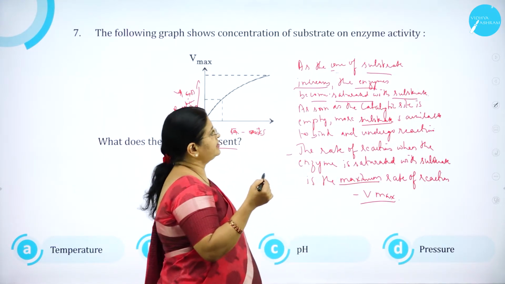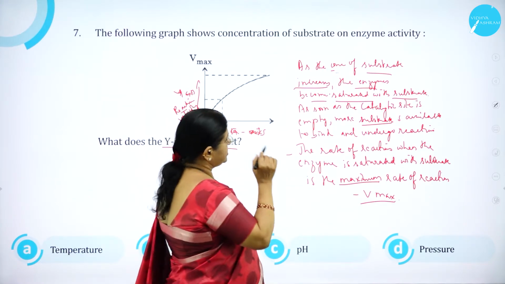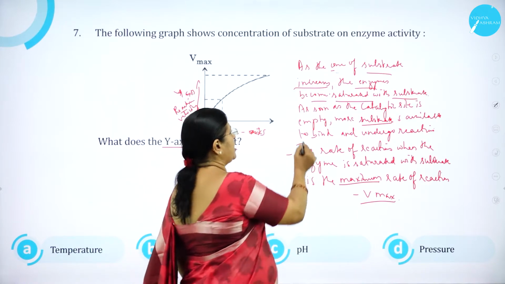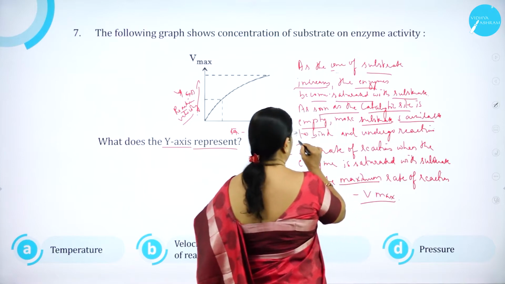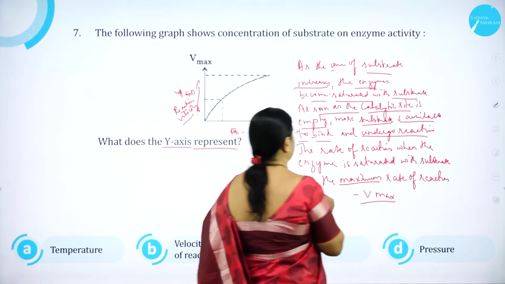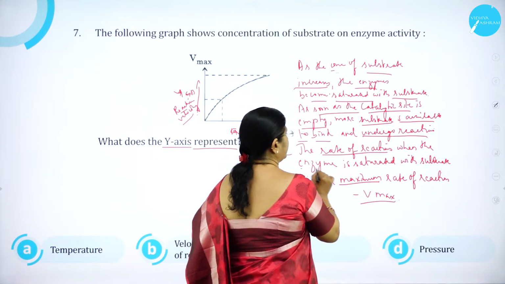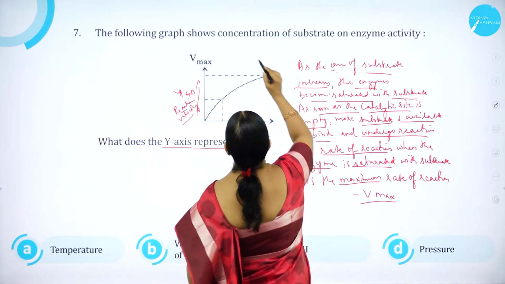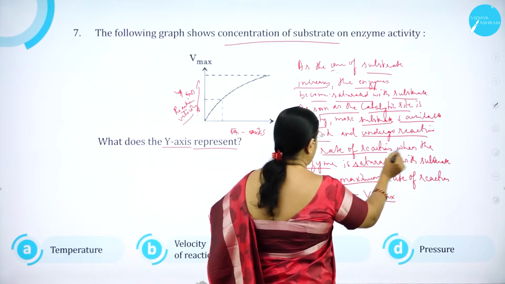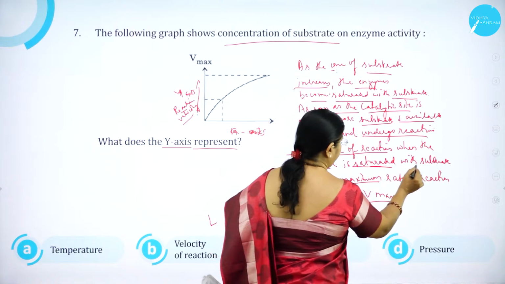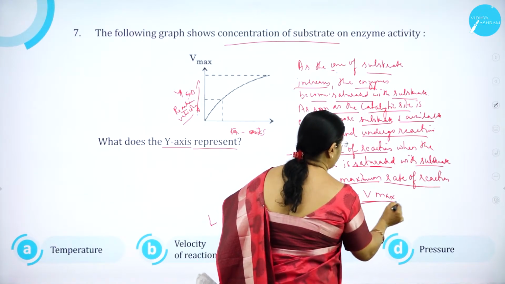As soon as the catalytic site is empty, more substrate is available to bind and undergo reaction. The rate of reaction when the enzyme is saturated with substrate is the maximum rate of reaction, that is Vmax.